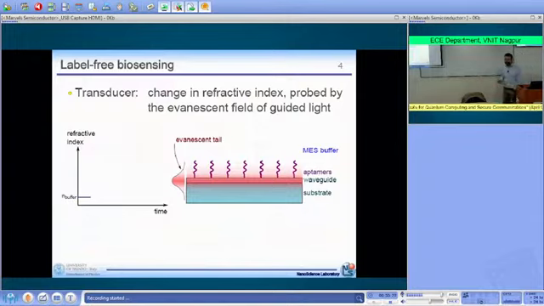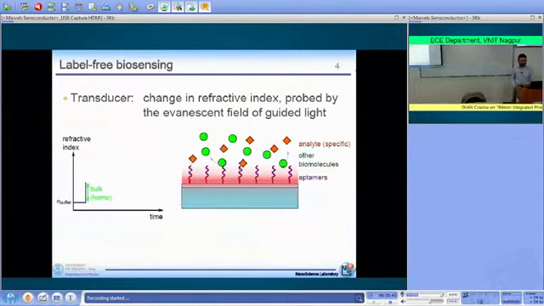But if we functionalize the surface of the waveguide in such a way that we put some chemicals, some biochemical agents, some molecules that are able to capture some analyte, then these capturing molecules are able to capture the kind of analyte that we are interested to detect.